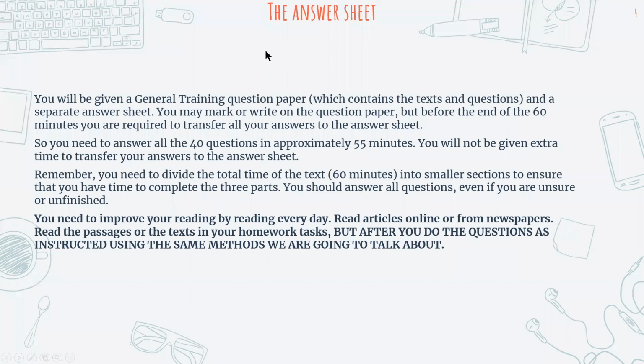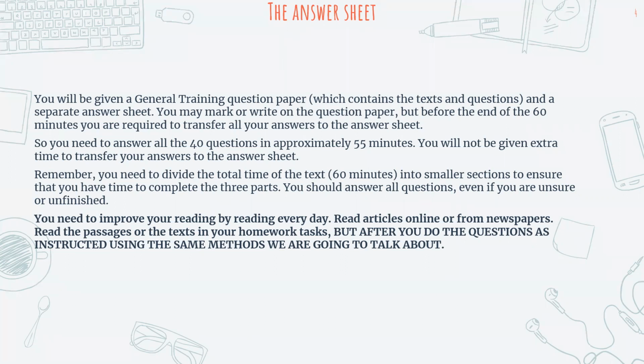Let's talk a bit about the answer sheet. You will be given a general training question paper, which contains the texts and the questions, and a separate answer sheet. You may mark or write on the question paper because sometimes you need to locate or underline the keywords. We are going to talk about that in a minute, actually in about 5 minutes, okay?